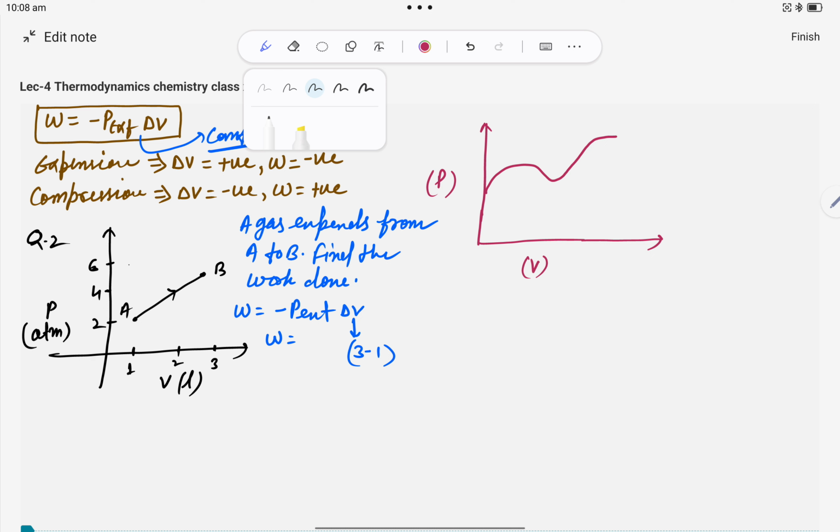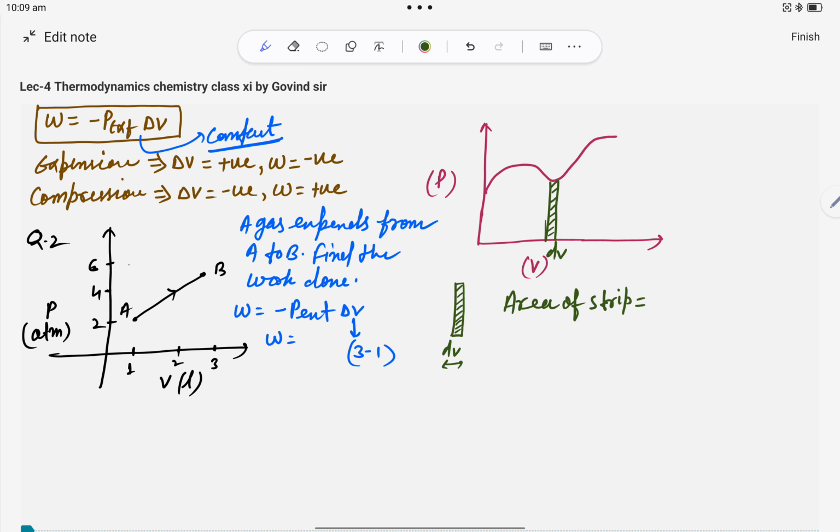So how to solve, children? Here you have to choose a small strip of this gas expansion. Take a small strip out. So the small volume is represented as dV. This volume is dV. So what is the area of strip?